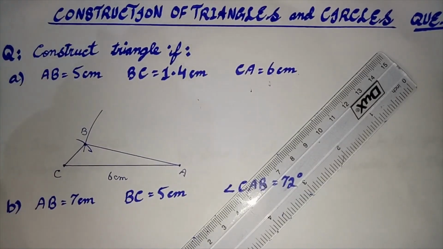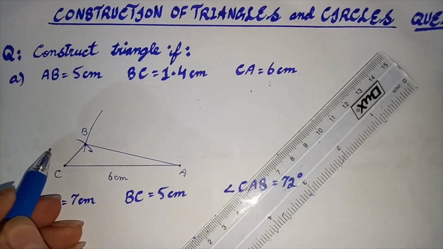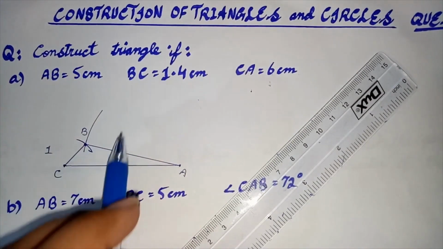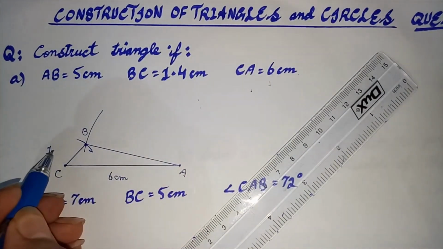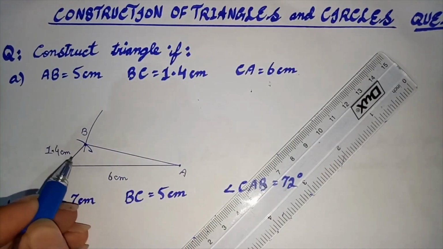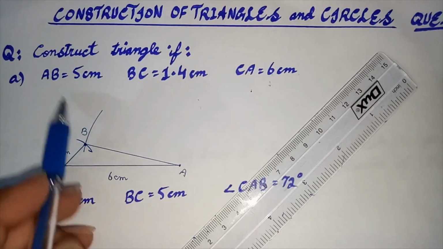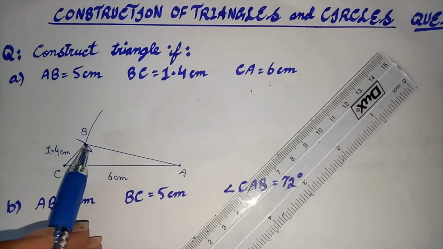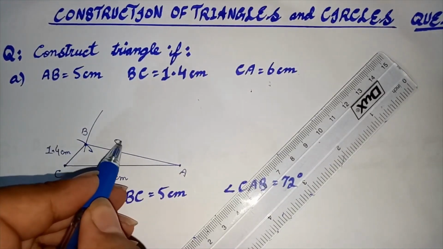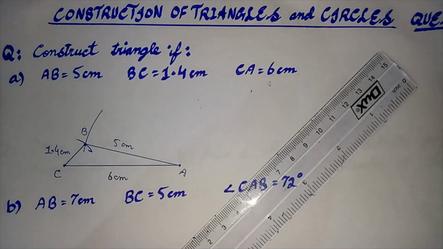Okay, now we will write its length. Here we have BC 1.4 centimeters, and here we have AB 5 centimeters. Clear? So that's how we can draw a triangle if we are given 3 sides.